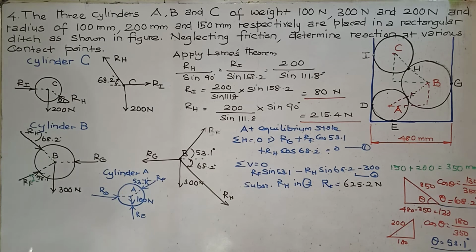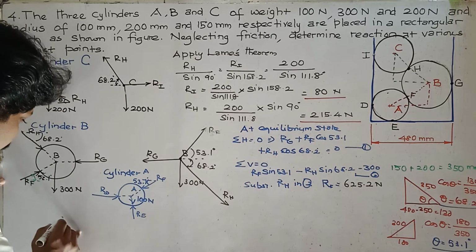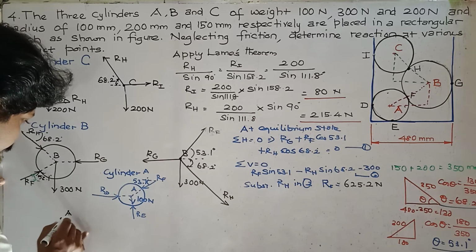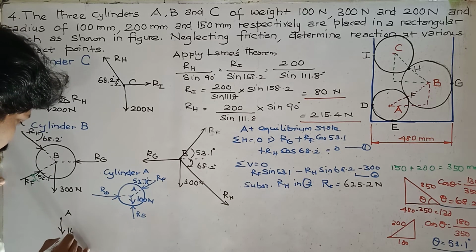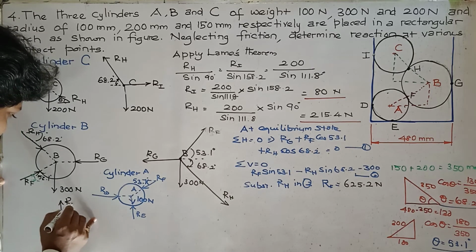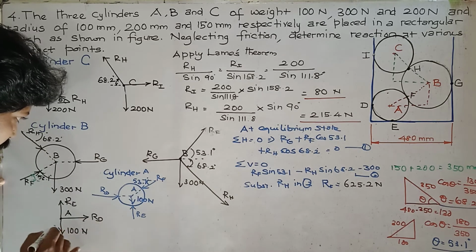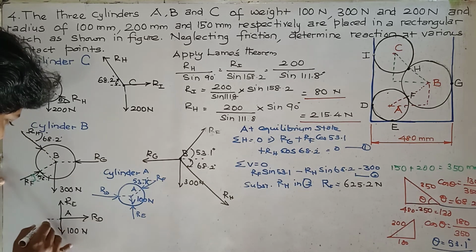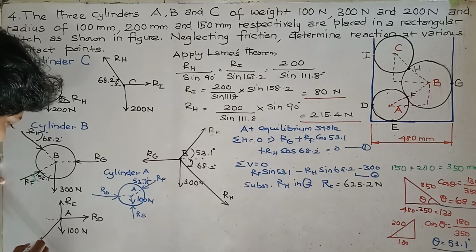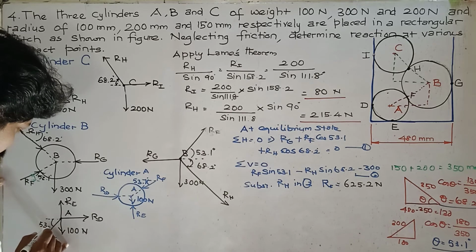First draw the line diagram of cylinder A. At point A, weight 100 Newton and reaction at point E vertical, D horizontal, F inclination 53.1 degree.